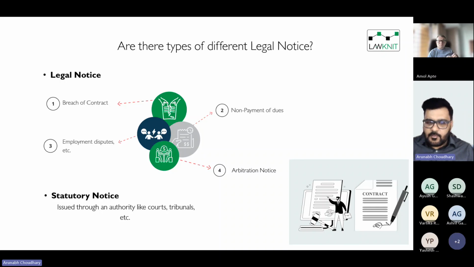About your take on arbitration clauses, if anyone has an arbitration clause in their agreement, while sending a legal notice, what other things should they keep in mind? So, as you rightly said, arbitration is something which a commercial contract typically captures in maximum detail.